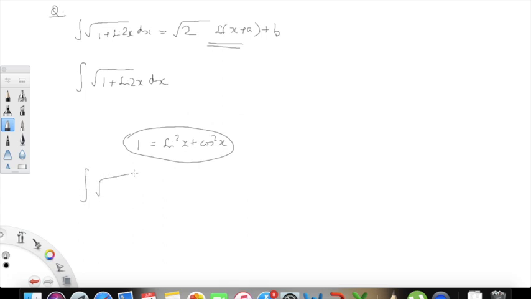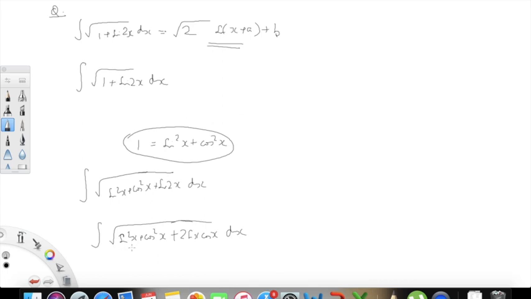So what we can write is 1, we can substitute 1 by sine square x plus cos square x plus sine 2x dx. And again what we can write is sine square x plus cos square x, and we can use the formula of sine 2x, which is 2 sine x cos x dx, right?